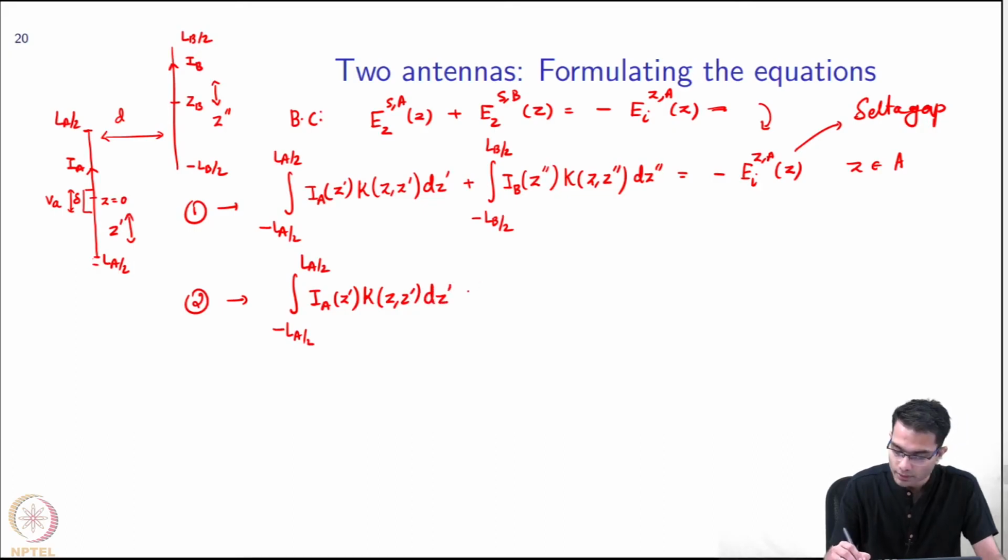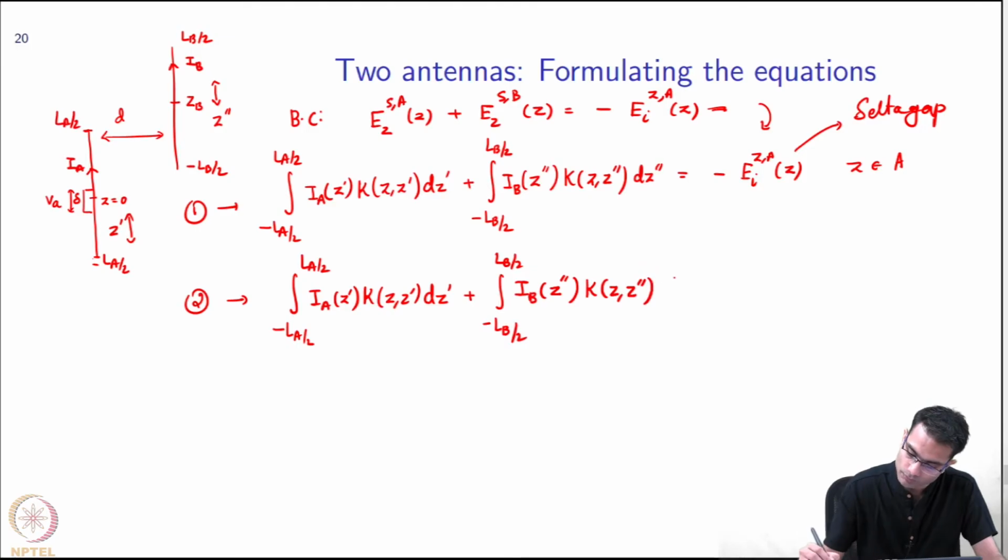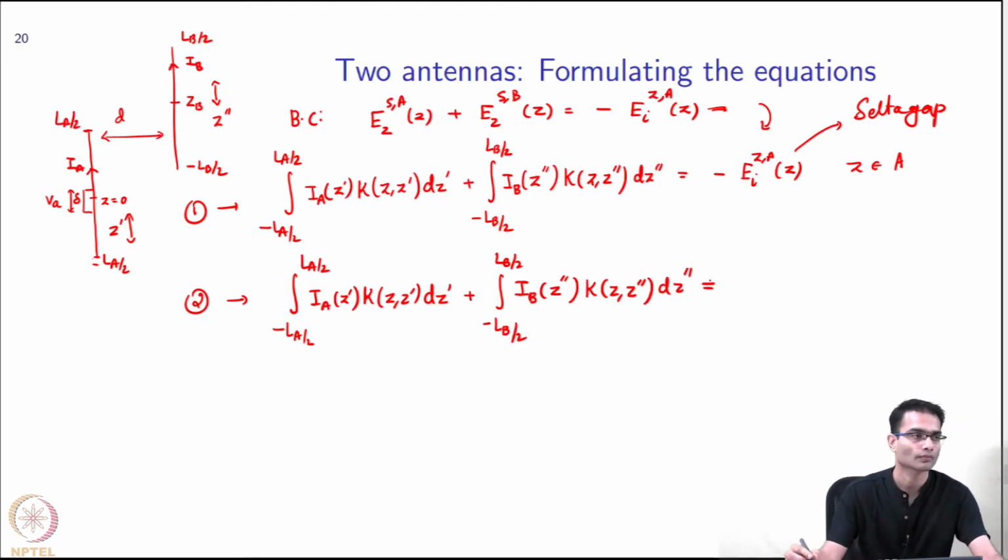Plus, the second term is the self current, equal to 0.